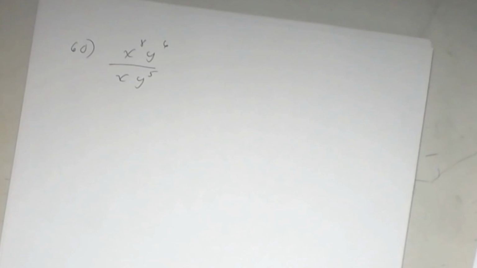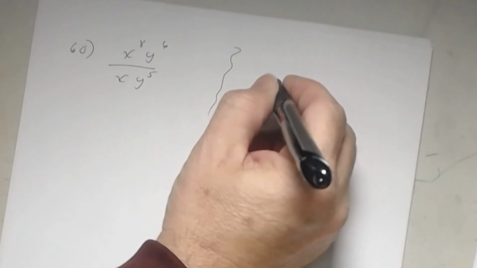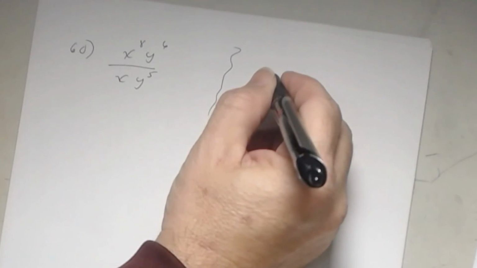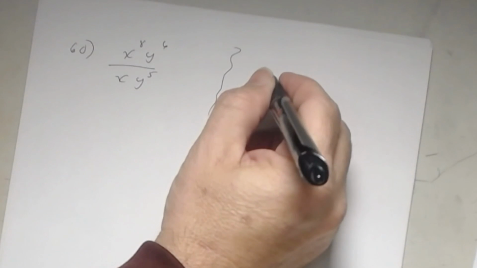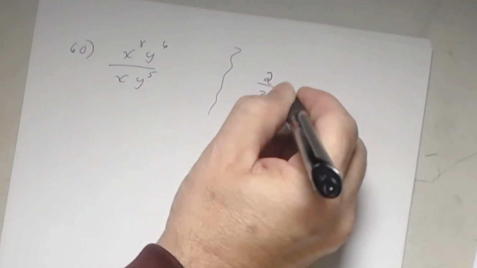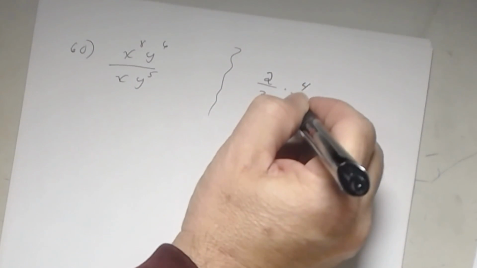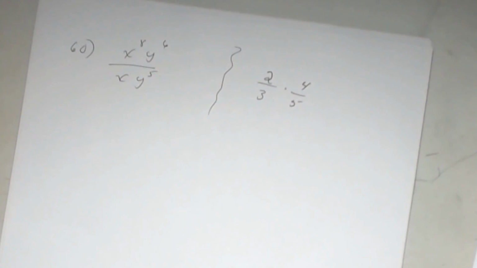So kind of remember something you've had in the past. Let's say 2/3 times 4/5. Okay? So notice I'm multiplying these two fractions, correct? Couldn't I rewrite this as just one fraction instead of writing it as a product of two fractions?